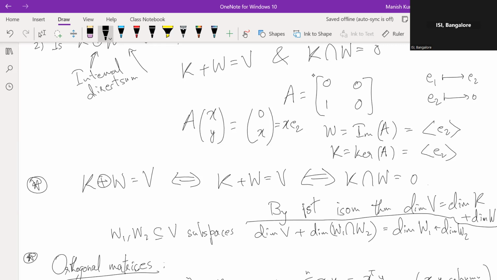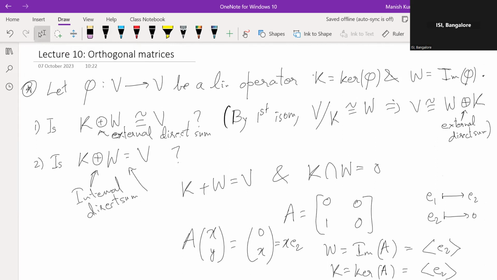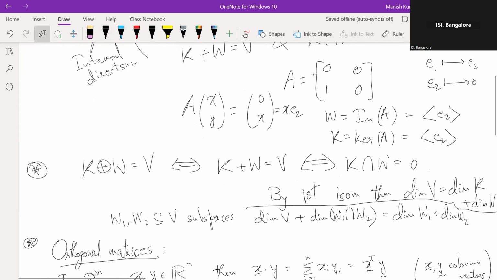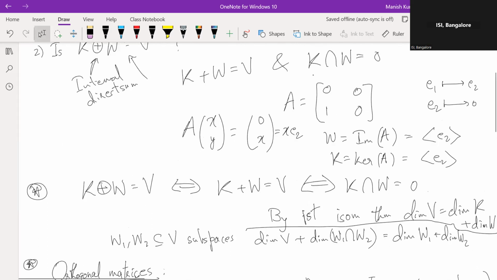So use this and the isomorphism theorem and this equality to prove all these three equivalences. Is this fine? Yes. Okay. There is a subtle difference between when you can argue. You'll have to check that K intersection W is indeed 0.